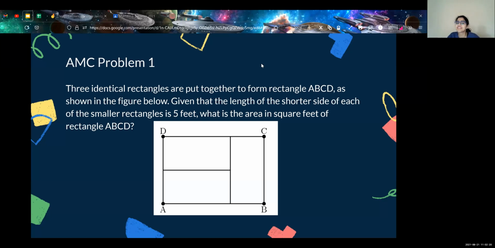I still only see 2 answers. Make sure you are actually answering. Okay, I got 1 person who got 50 square feet. Make sure that you're finding the area of ABCD and not one of the individual rectangles.